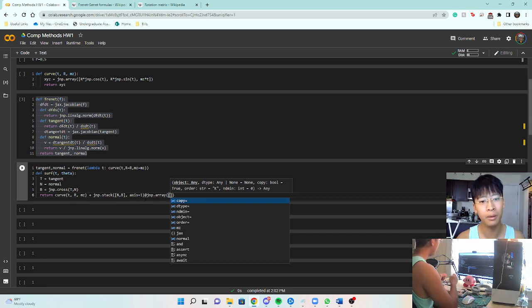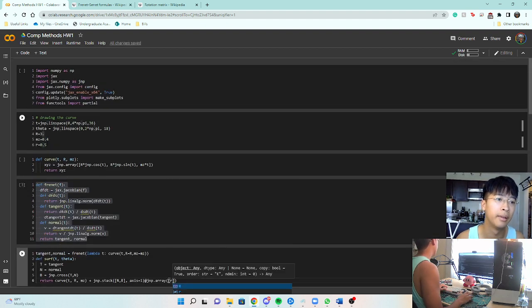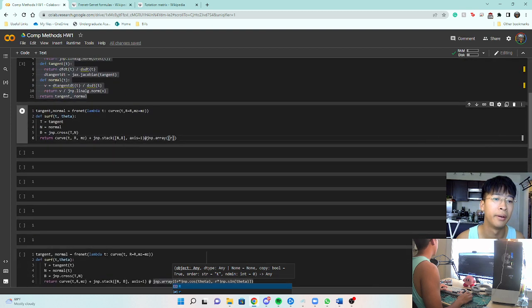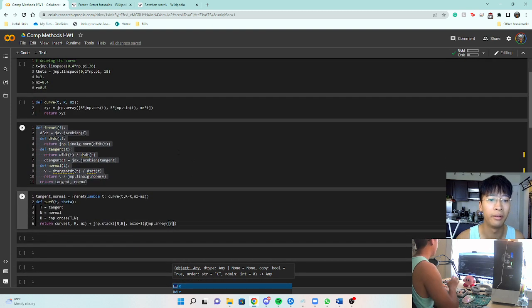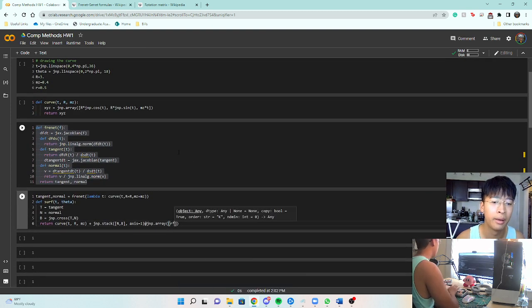So we should use little r, right? Little r is defined up here. That's the radius of our thick coil. Little r multiplied by jnp.cos of theta.